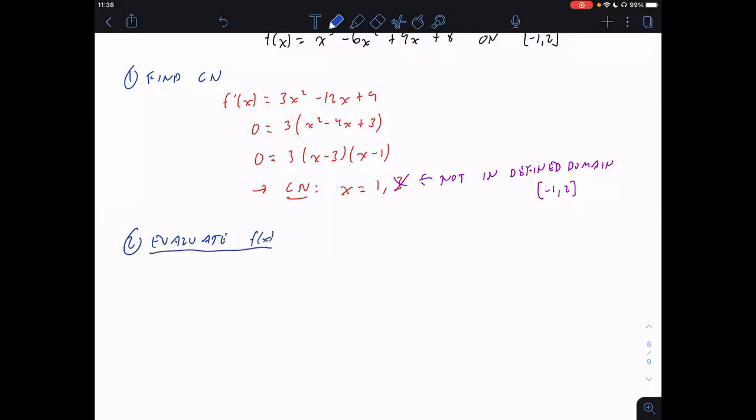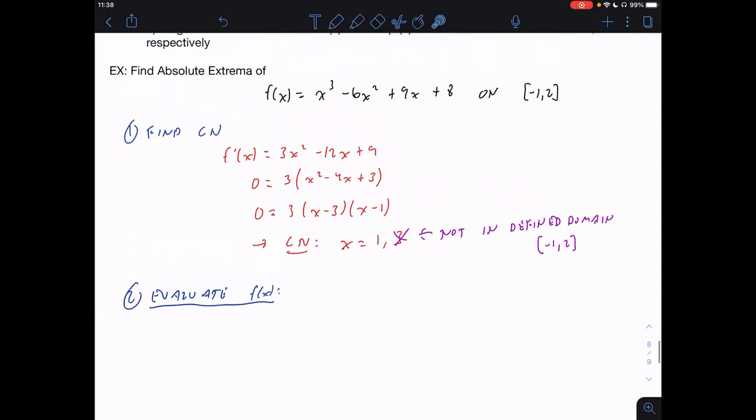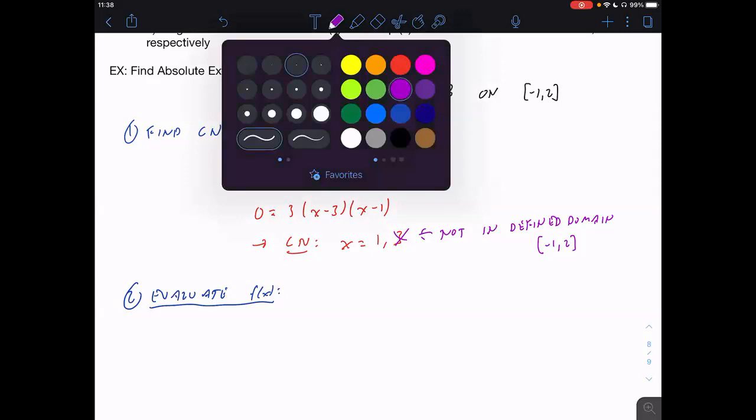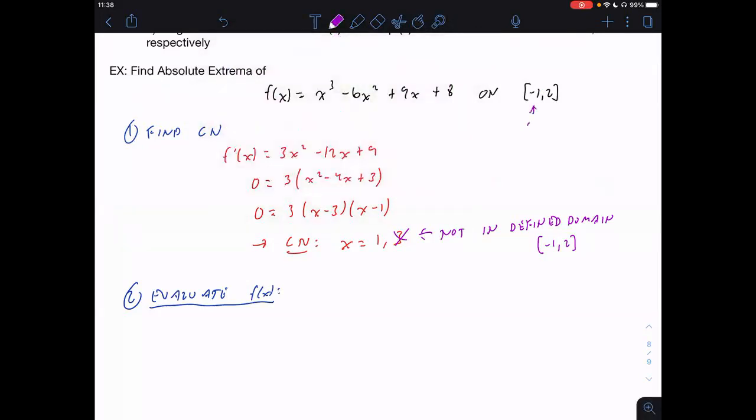We're going to evaluate f of x at the critical number that we have found that falls within our closed set, and also evaluate our function at these two endpoints of -1 and 2, where -1 is our lower bound of interest, I'll call that A, and 2 is our upper bound of interest, I'll call that B.